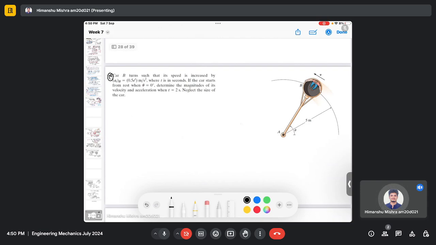So this is a very similar problem. Here we have been given the acceleration, which is a function of t. And we have been asked to determine the magnitude of velocity and acceleration.